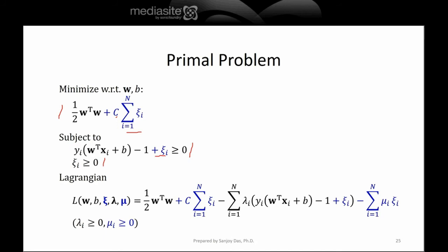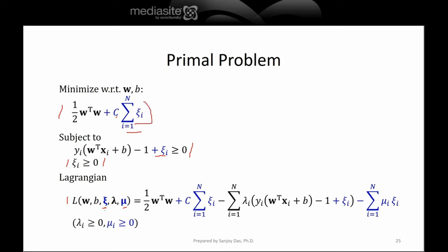The Lagrangian now has 5 arguments. The primal variables zeta i's form a vector zeta, and for the terms corresponding to the primal variable zeta, we have another set of Lagrange multipliers, dual variables, mu's. And so this is the Lagrangian.